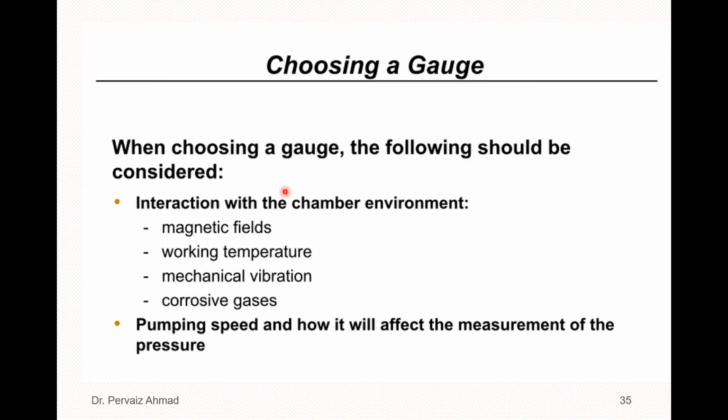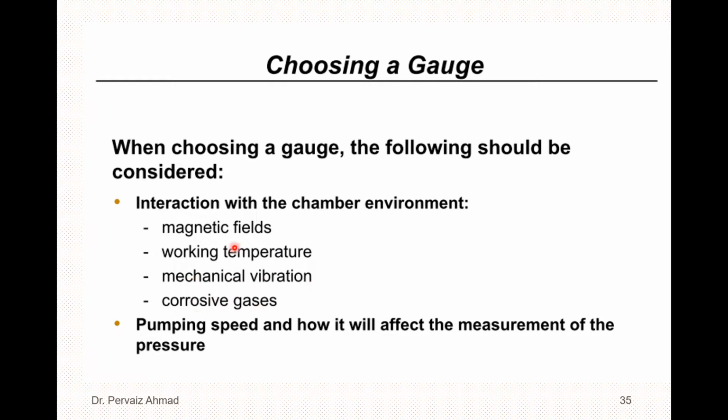Whenever you're trying to choose a particular type of gauge, you should consider the following facts. You should know its interaction with the chamber environment, that is, the magnetic field of that particular gauge, its working temperature, mechanical vibrations, and corrosive gases.